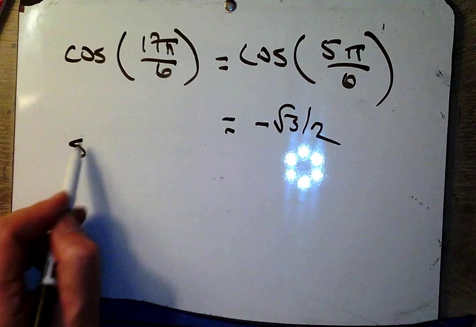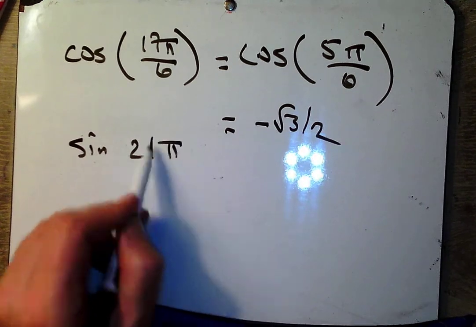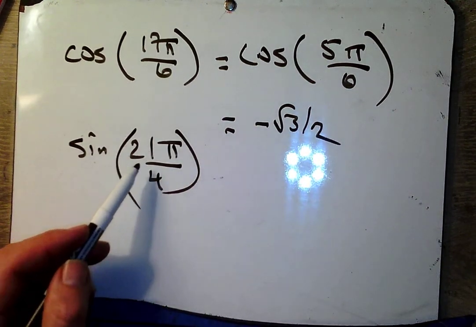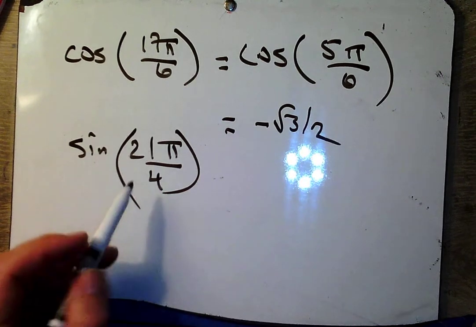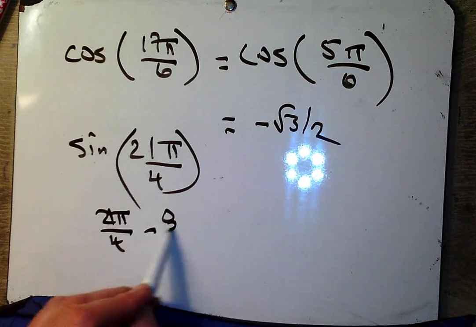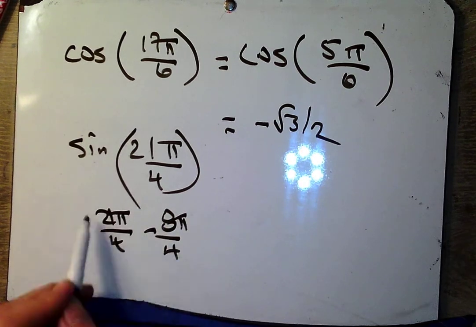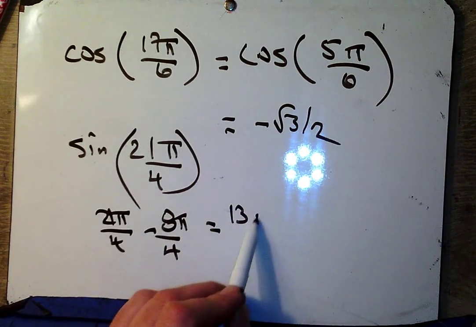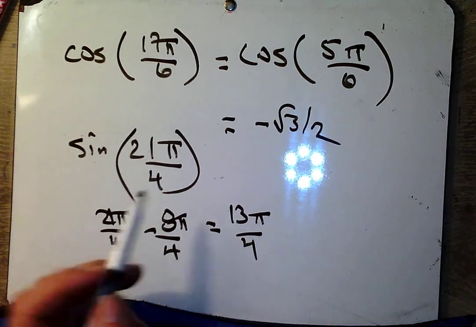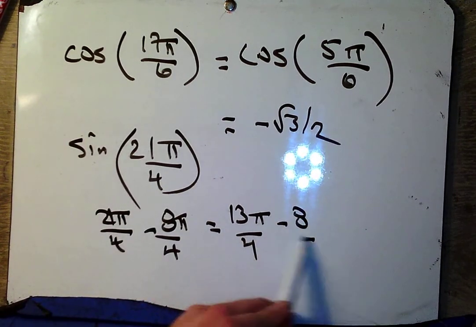Okay, how about the sine of 21 pi over 4? Yeah, I really don't want to count this one. 21? No, but I will subtract 2 pi. 21 pi over 4 minus 8 pi over 4 gives me 13 pi over 4. And guess what? That's still not on the unit circle, so I'm just going to subtract another 2 pi.